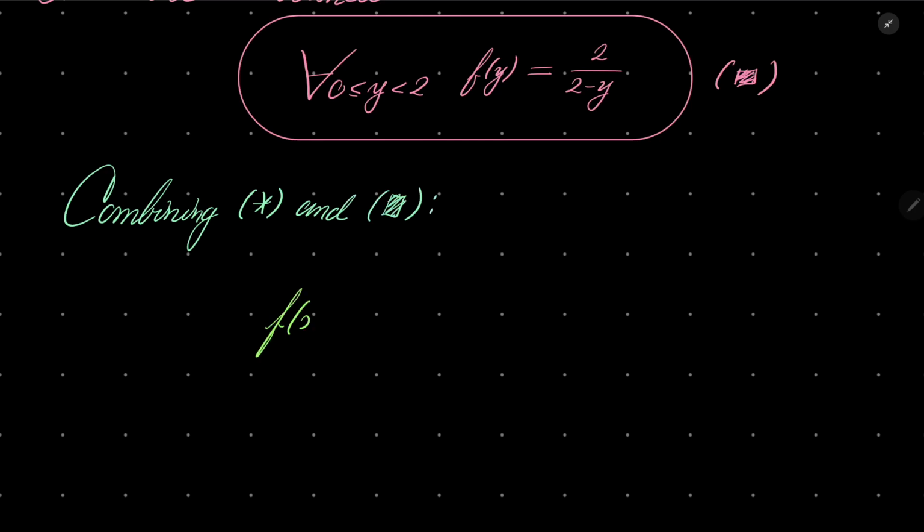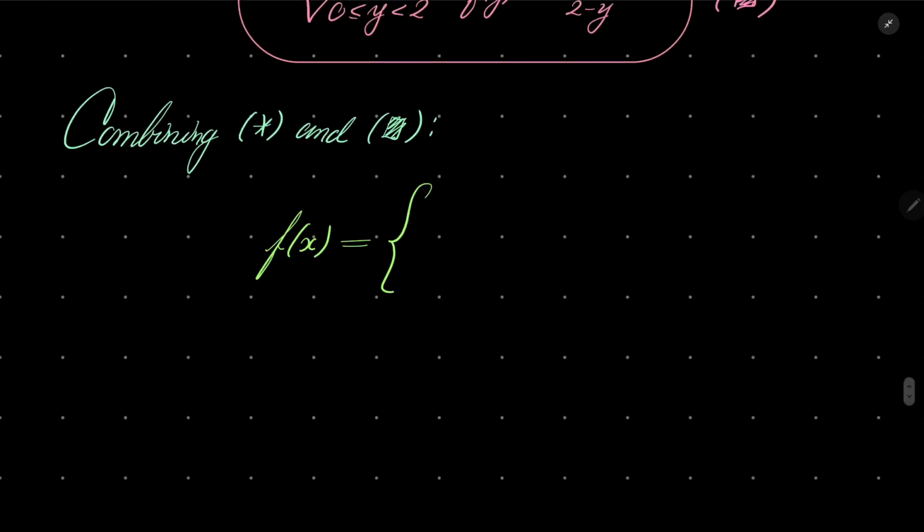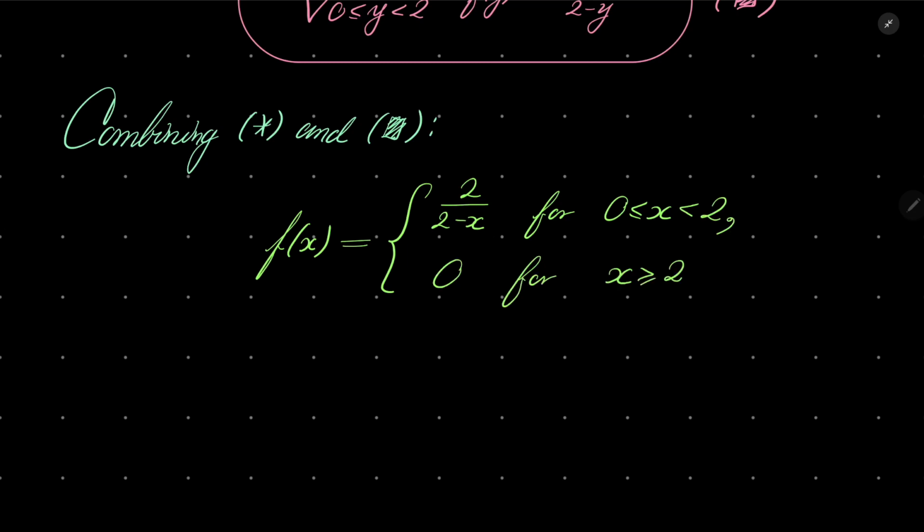The only possible solution is given by the formula: it's 2 over 2 minus x for x between 0 and 2, and it's 0 for x greater than or equal to 2.